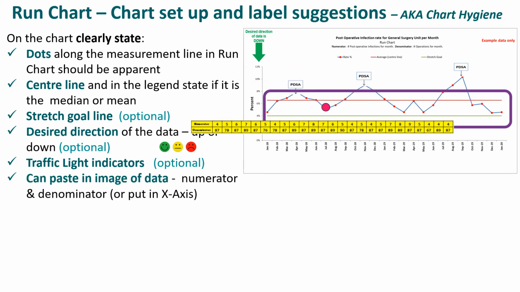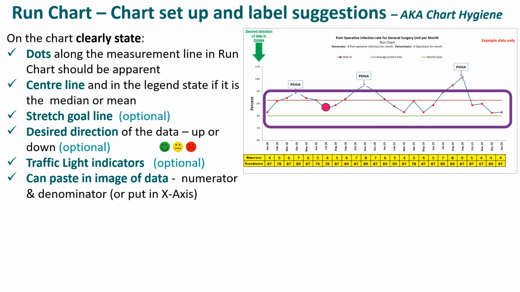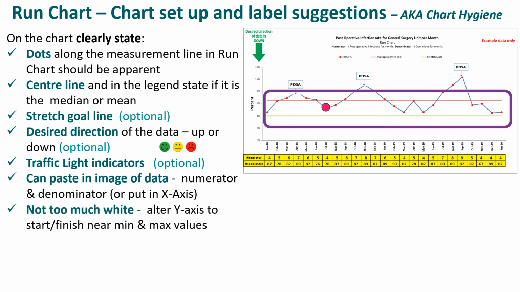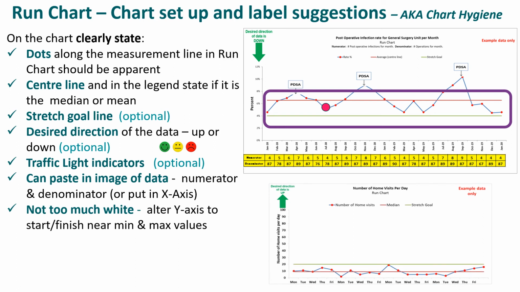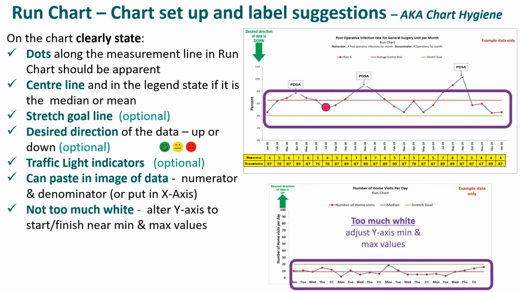You can also paste in an image of the data along the x-axis, and this states the numerator figure and the denominator figure, just for clarification about the numbers. You don't want to see too much white in your chart, and you may need to alter your y-axis so that it starts and finishes near the minimum and maximum values. So you can see with this chart here to the right that all the data is right down the bottom of the chart. So that's actually too much white.